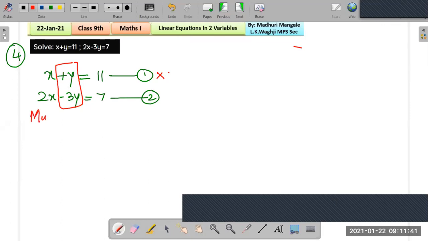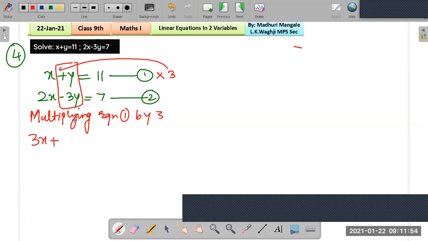So multiplying equation 1 by 3. What do you get? Try it out, students. So 3 times x will be 3x plus 3 times y will be 3y equals 3 times 11 will be 33. Correct? And this is equation number 3.